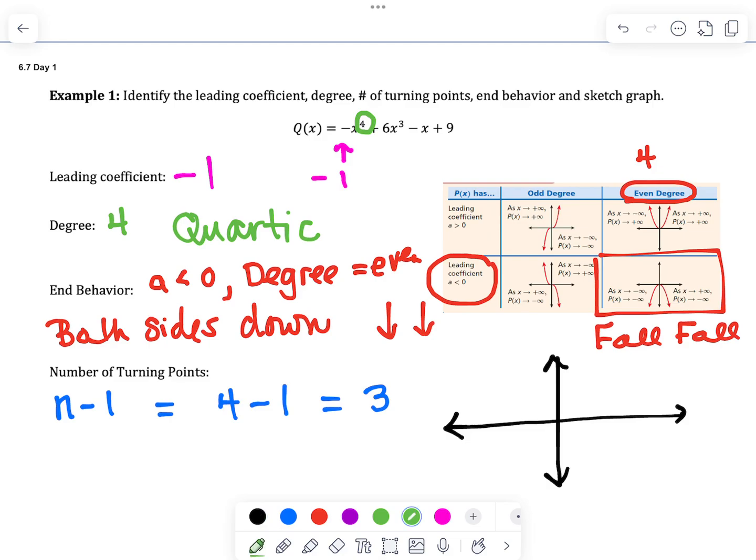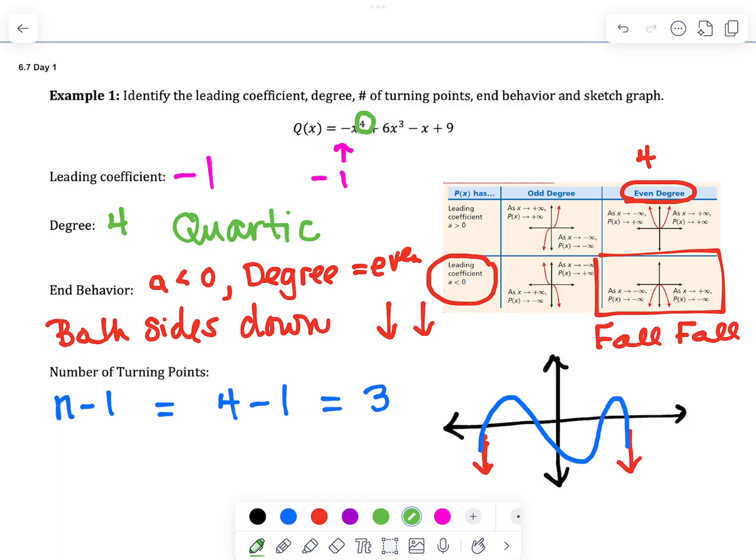And we first do our end behavior. So this is telling us it's falling on the left and it's falling on the right. So both sides are falling. And then we have essentially 3 turning points. So it's going to rise and fall and rise and fall.